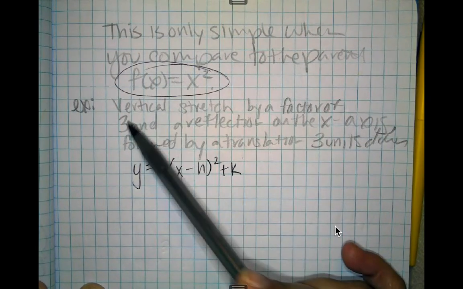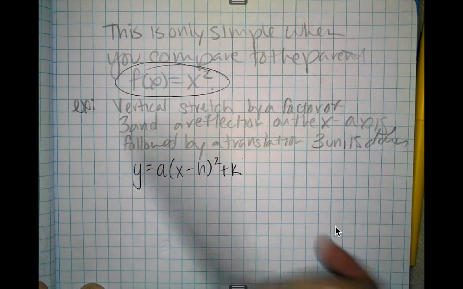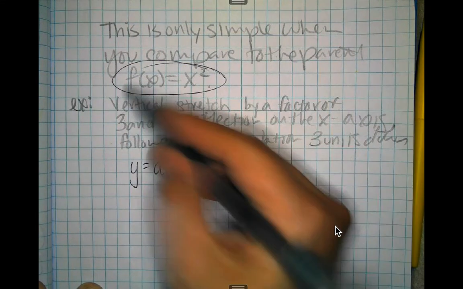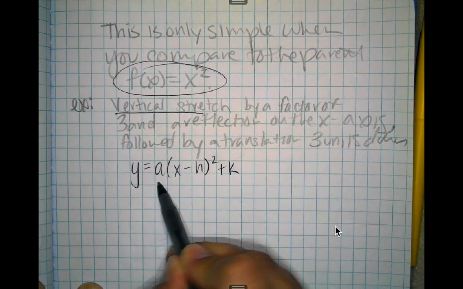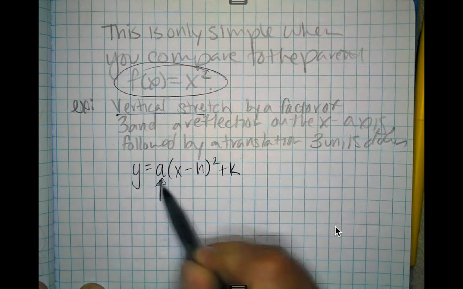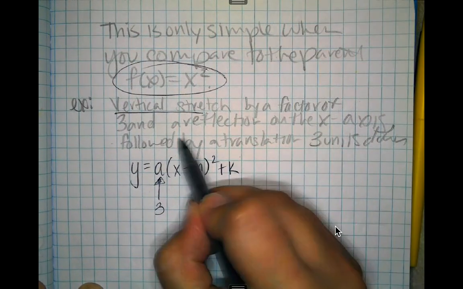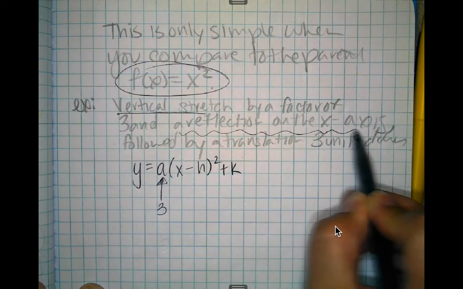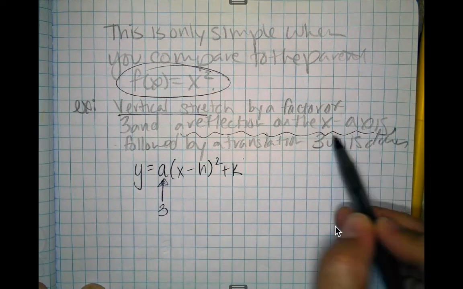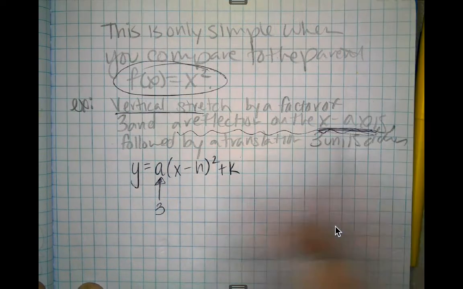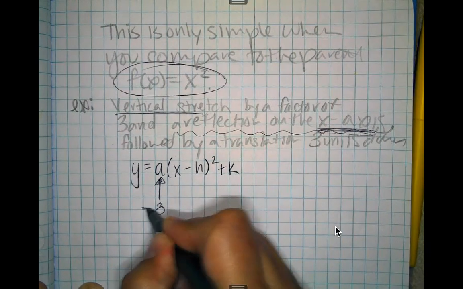So if I have a vertical stretch by a factor of 3, okay, vertical stretch has to do with the a value. So the a value is going to have a 3. But then it says I need to have a reflection on the x-axis. X-axis, okay, means that it's going to be negative out here.